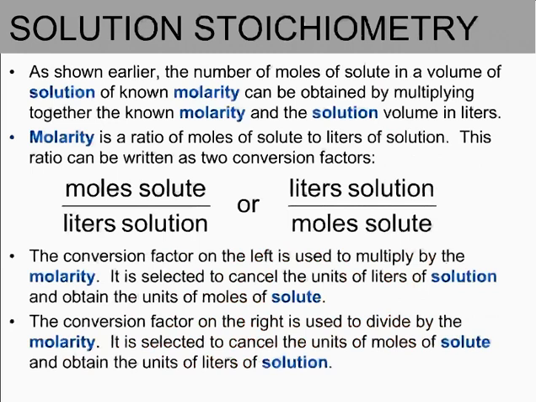Okay, so on the left, we would multiply by molarity, but on the right-hand side, we would be dividing by molarity. So we're going to use these two conversion factors in the future in order to figure out how many moles of something we have, or how many liters of something we have. And then we're also going to tie in stoichiometry, so the ratio between reactants and products.